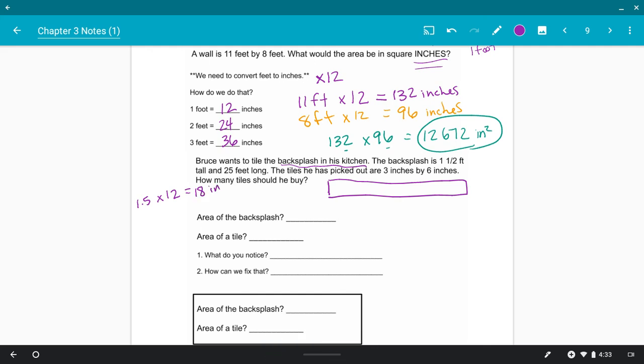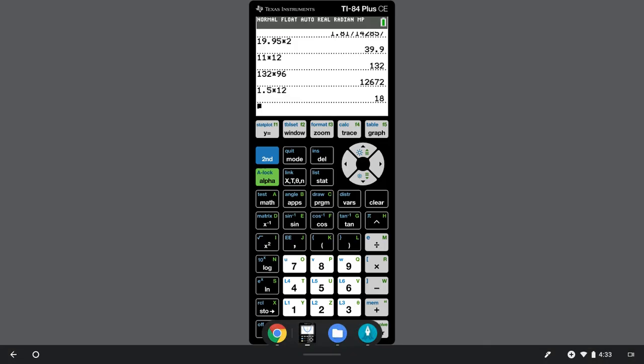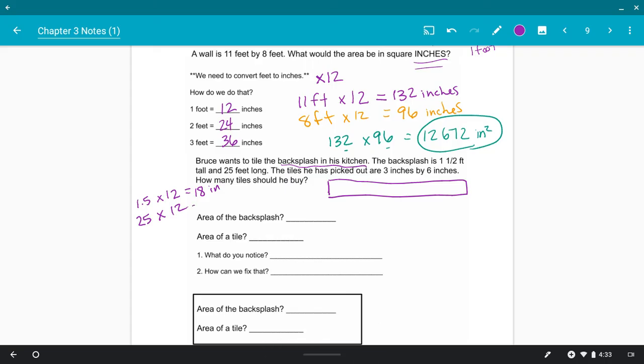And then 25 feet in inches, we would need to do 25 times 12. That's going to be a really big number. 300. So that's 300 inches. The reason we need to convert it into inches is because each tile is measured in inches.